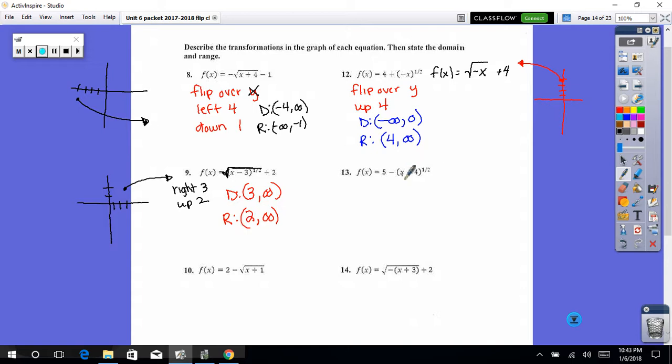Okay, again, let's rewrite this one. So we have the square root of negative x plus 4 under the radical, and then a plus 5 on the outside. Exact same equation, just rewritten a little bit differently.